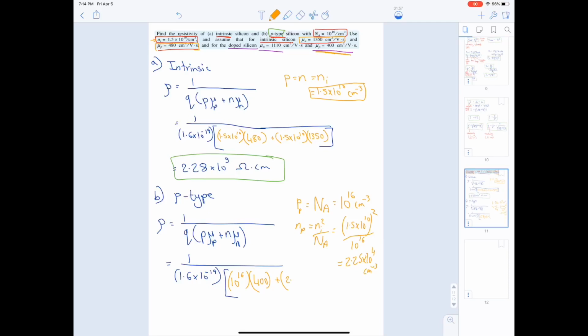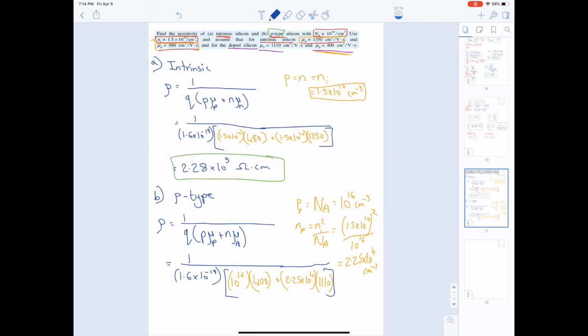Plugging in the number in here, multiplied by mu n. Mu n is 1110. So we're done here.